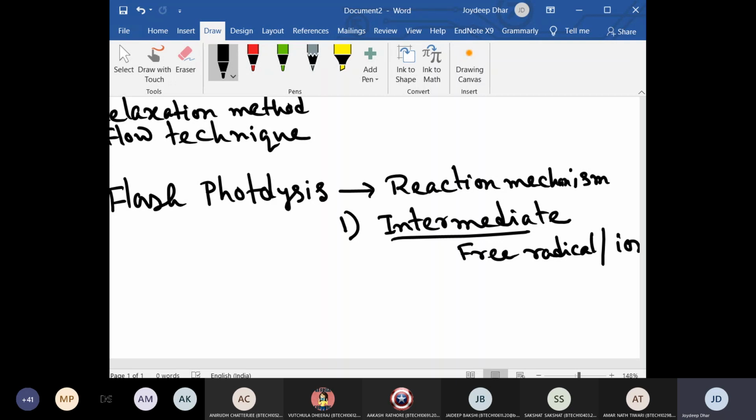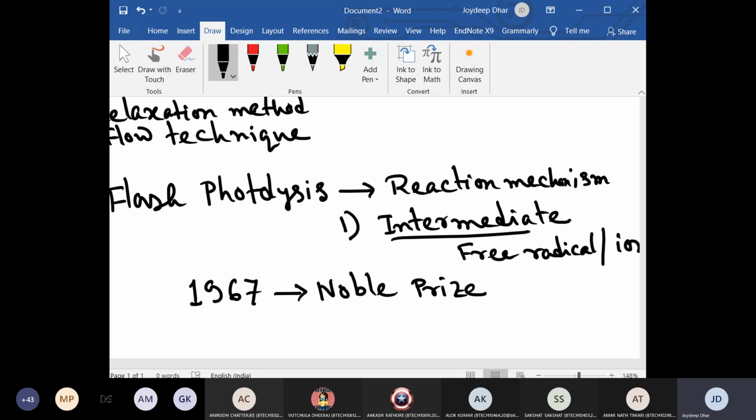Two scientists, I think one is Norrish and another one I have forgotten his name. In 1967, you can see the period, they got the Nobel Prize for the discovery of this flash photolysis technique, or how you can monitor very fast reactions.